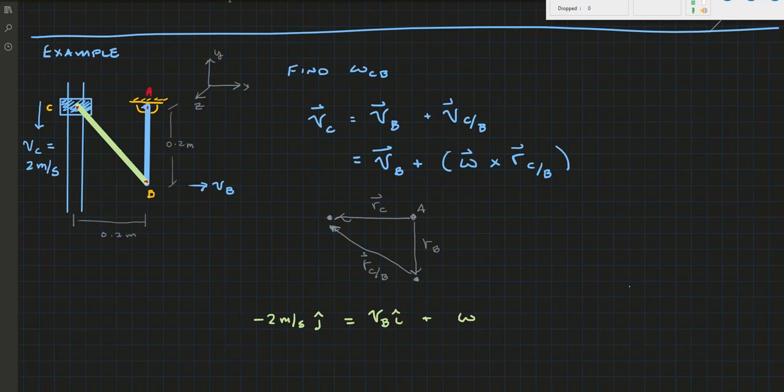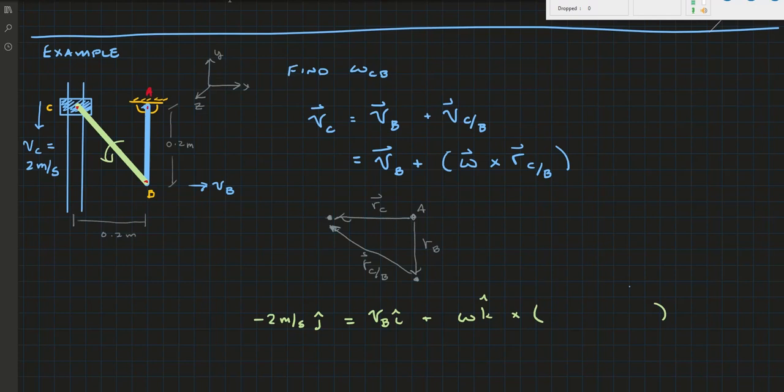is what we're looking for, our angular velocity. It's probably going to be in this direction. So I'm going to make omega positive k because my thumb is pointing out of the screen when I rotate that way with the right hand rule. And then we get our position vector, r.